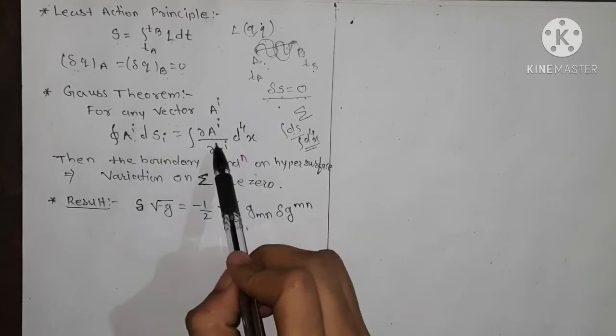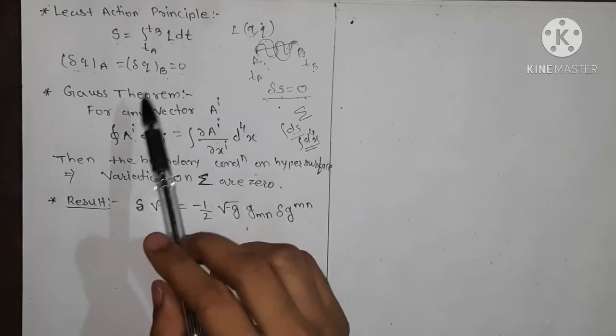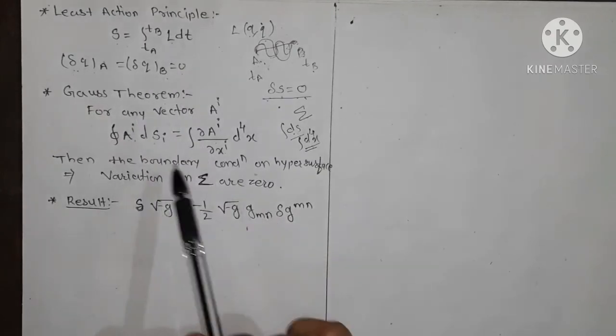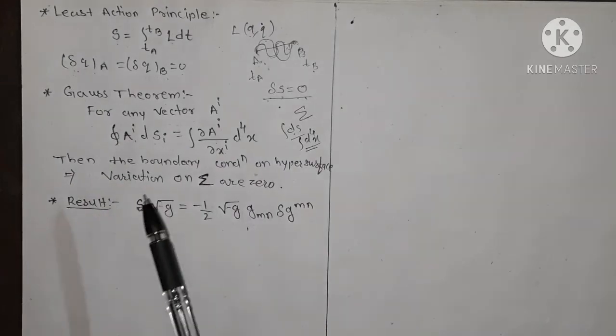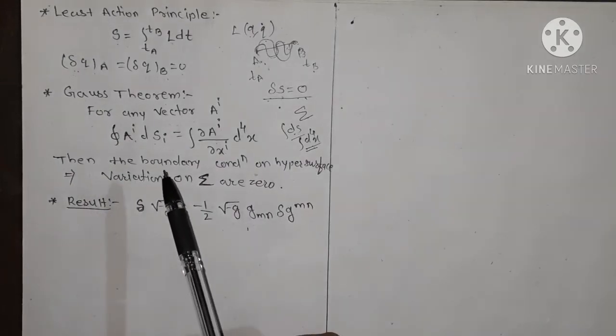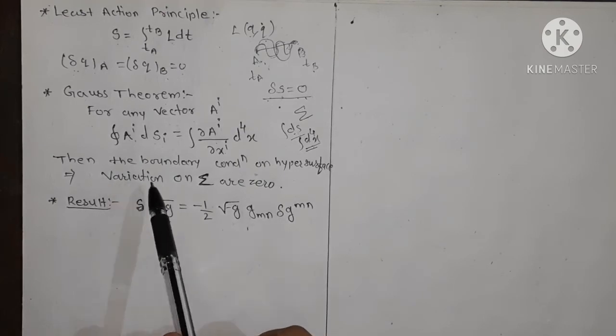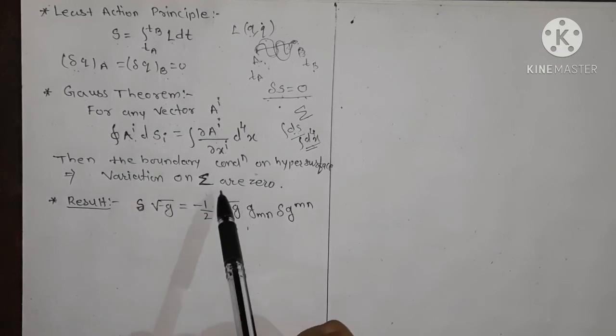We have this relation, and as we define the boundary condition on the Lagrangian system, the boundary, that is the hypersurface, forms the boundary of a four-dimensional volume, and hence the variation on the summation is 0.